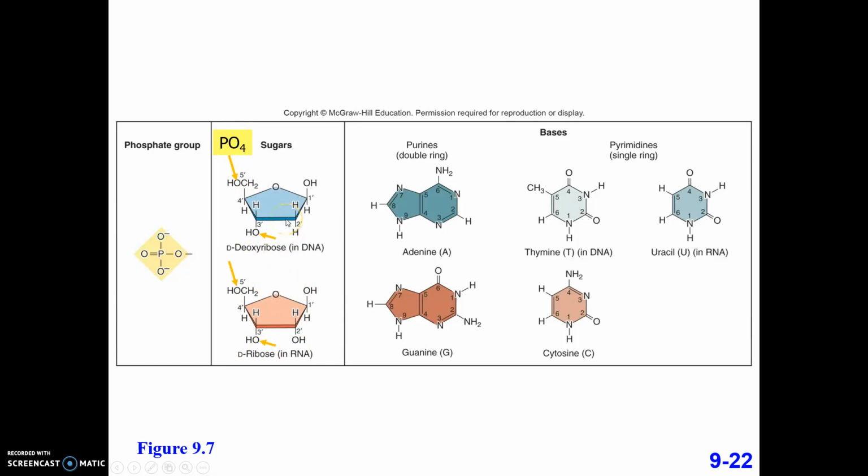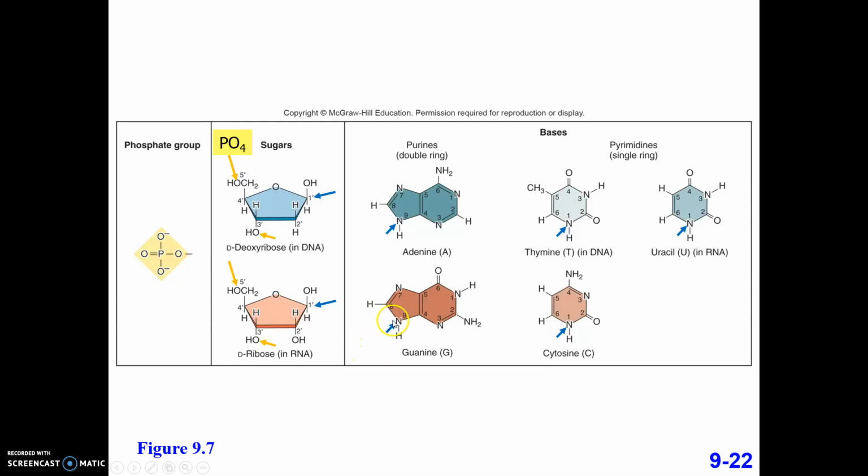Now, we also have the nitrogenous bases here. And those bases are fixed onto the sugars at position 1. All right, so here we have position 1 on deoxyribose, and here's position 1 on ribose. And that connection is to where I have these blue arrows highlighted on the nitrogenous bases.